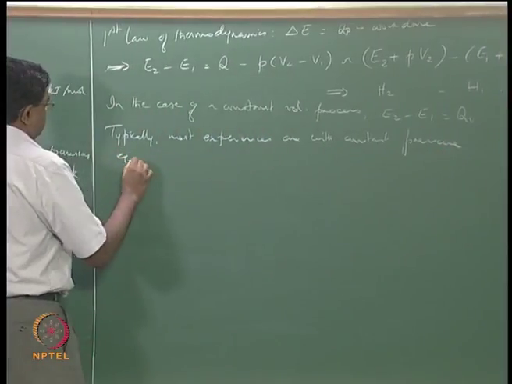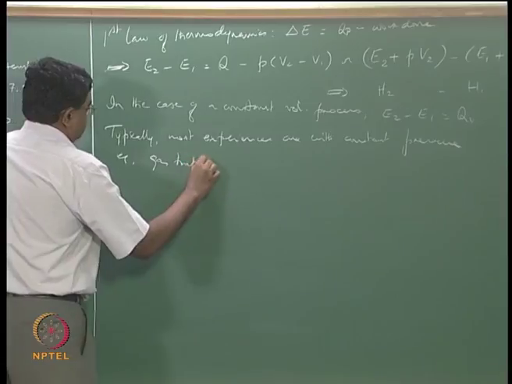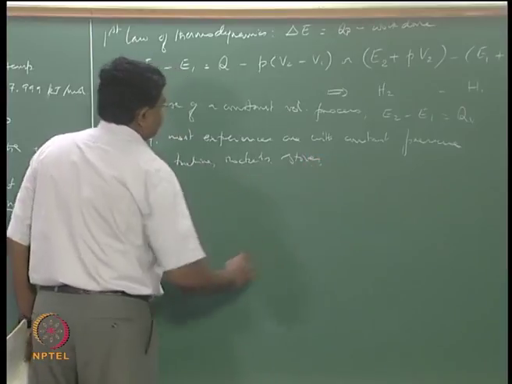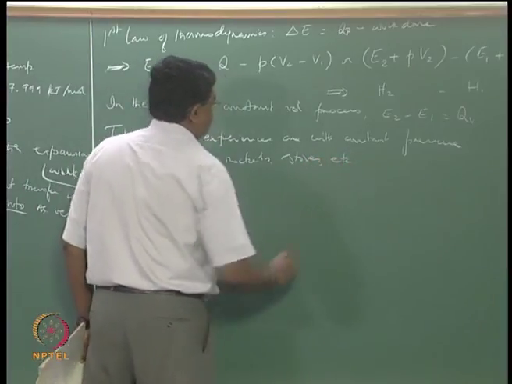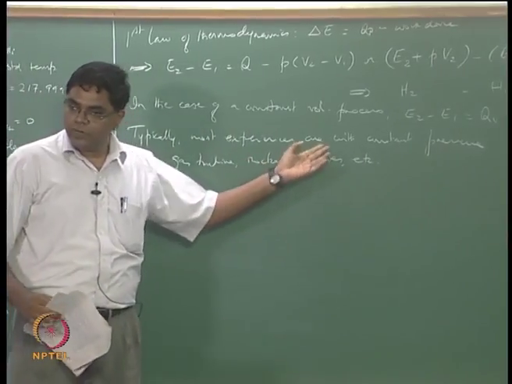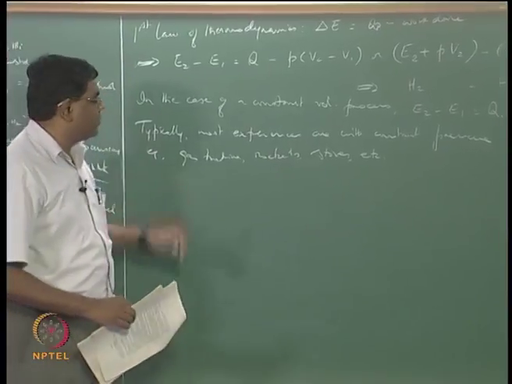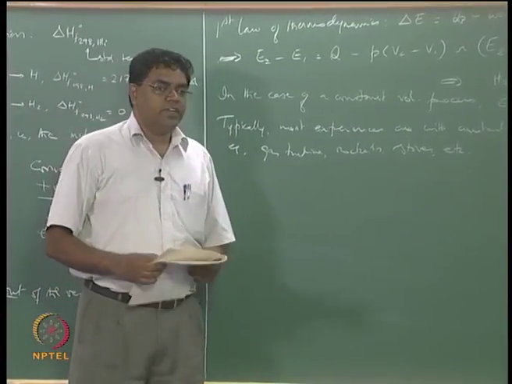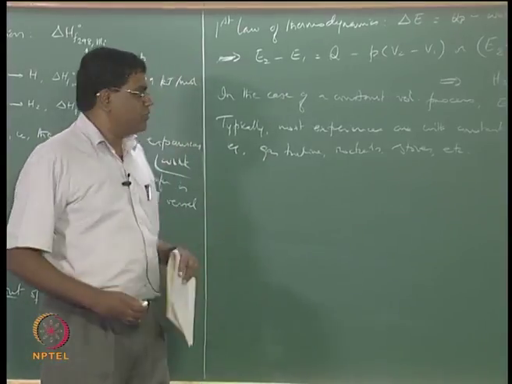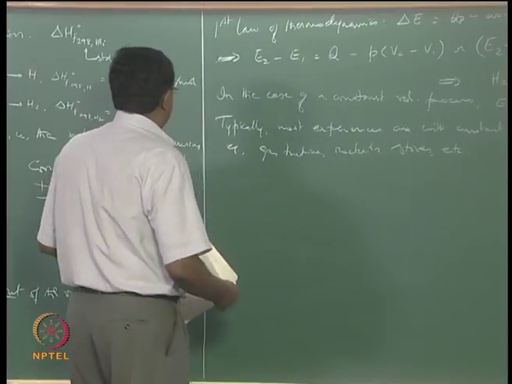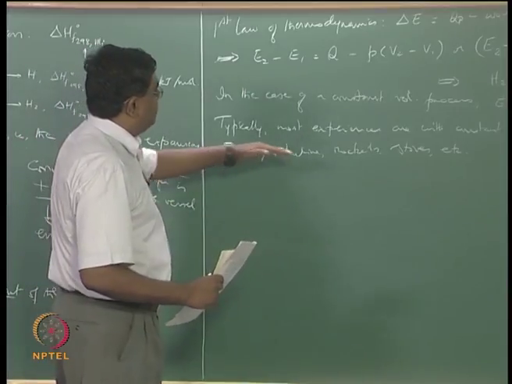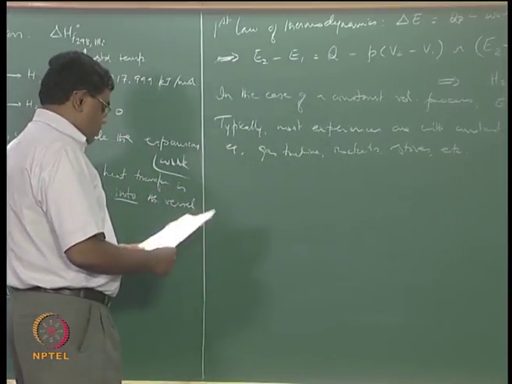Example, let's say gas turbine, rockets, stoves, etc. Fairly different ones, like gas turbine and rocket may be like aerospace, but stoves is not necessarily aerospace. Furnaces also, all these things you typically have a constant pressure situation. In things like piston engines, the pressure keeps varying, the volume keeps changing. Okay, so it's neither constant pressure nor constant volume, but let's not bother about it at the moment. For many applications, constant pressure combustion is a good approximation.